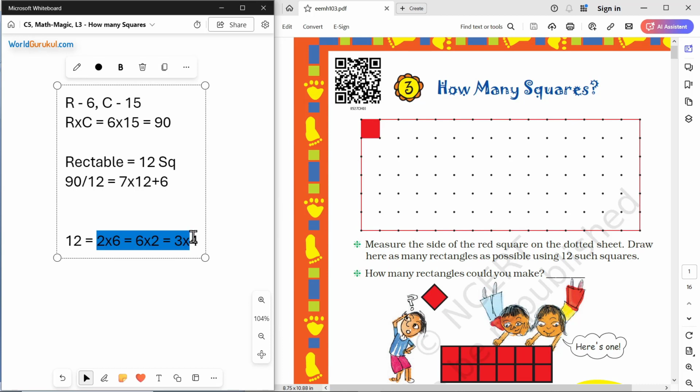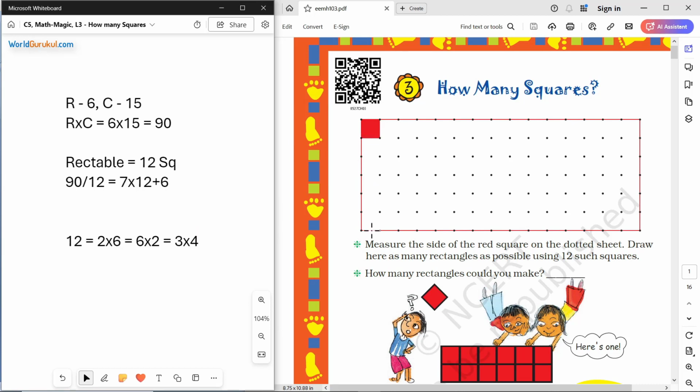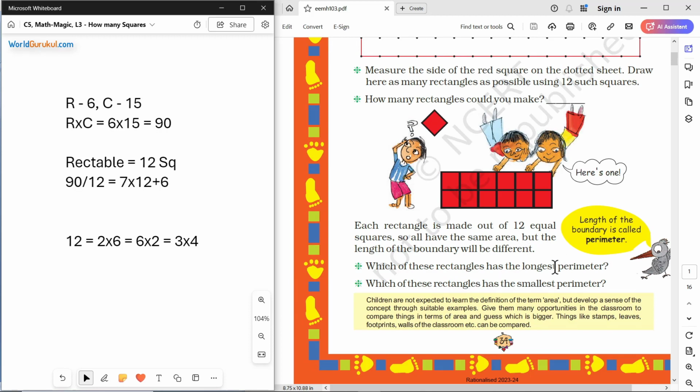The value of the multiplication should be 12, right? We have 6 blocks here, and you can take 4 in this way, and you can make a rectangle here, another rectangle here. That way also, if you make it, you can make how many rectangles? It's a 7, right?